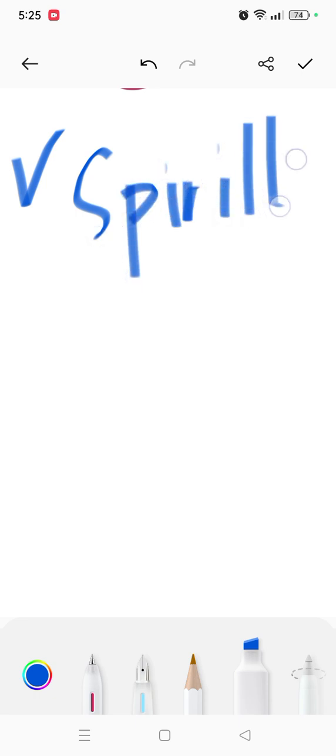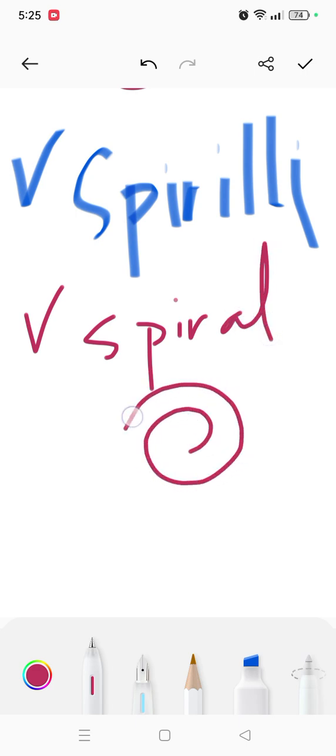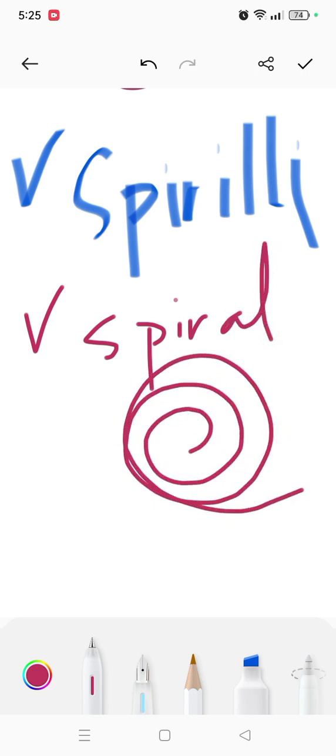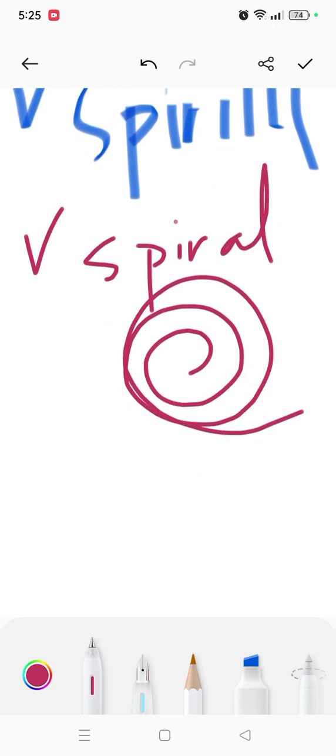Spiral. So what's in this one? They are spiral shaped, like they create an illusion, this type of structure is called spiral. They are spiral shaped bacteria and they usually occur in single form.